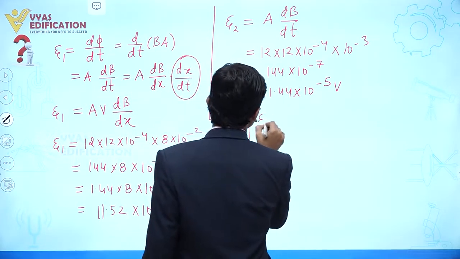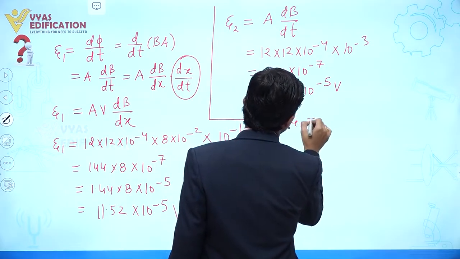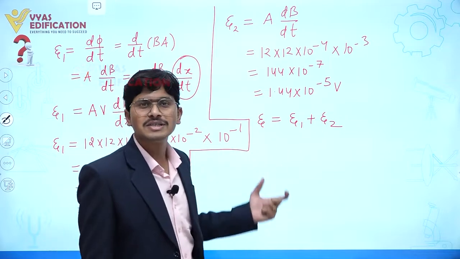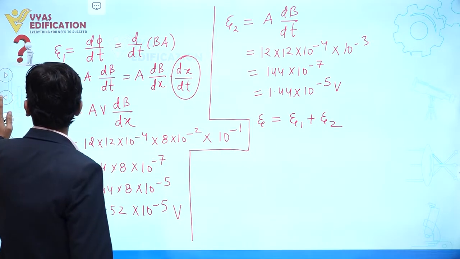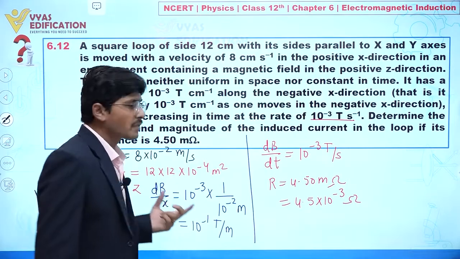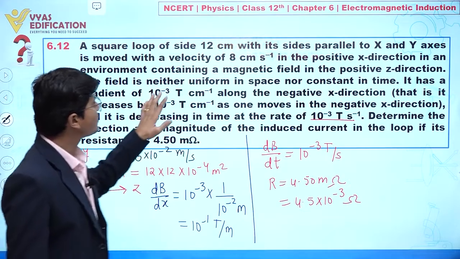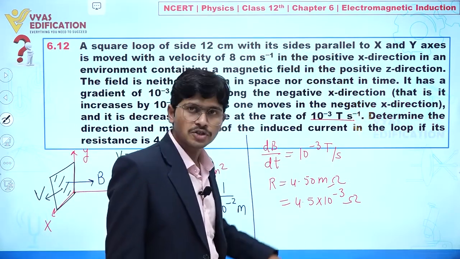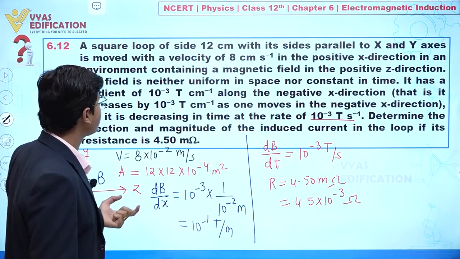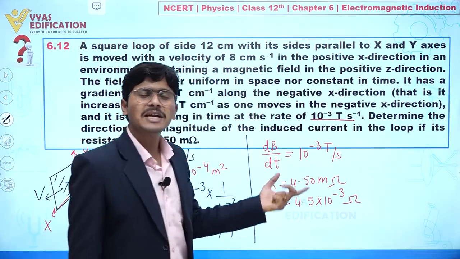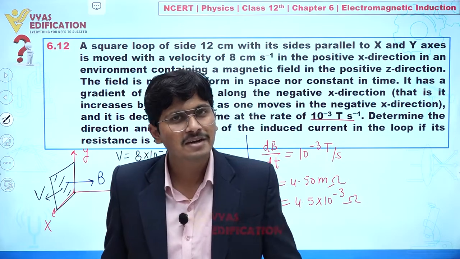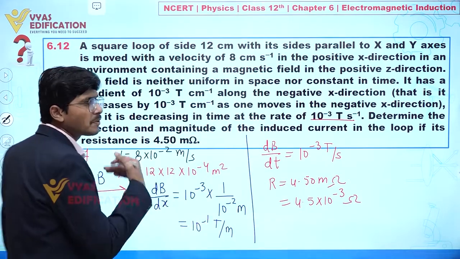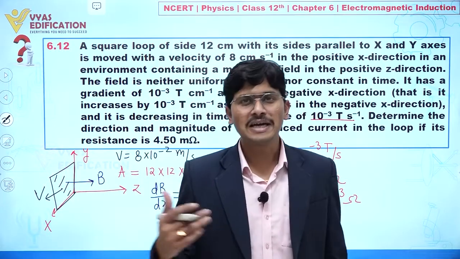So from here we can say value of E is given by E1 plus E2. Now why am I adding both induced EMFs? Because the magnetic field is decreasing with respect to position, and it is also decreasing with respect to time. In both cases the magnetic field is decreasing, so the induced EMF will be produced in such a way that it tries to increase the magnetic flux.